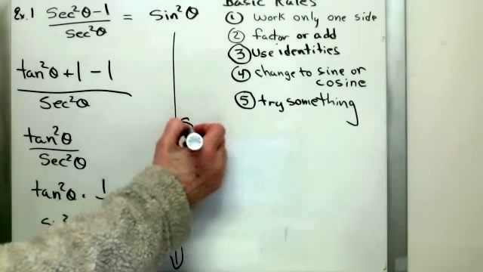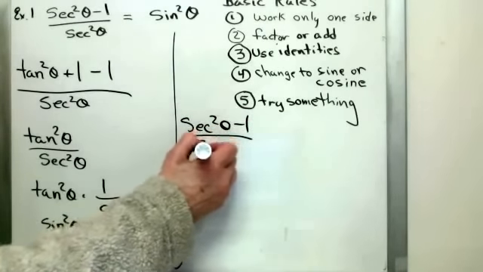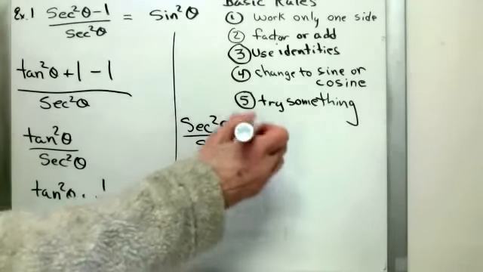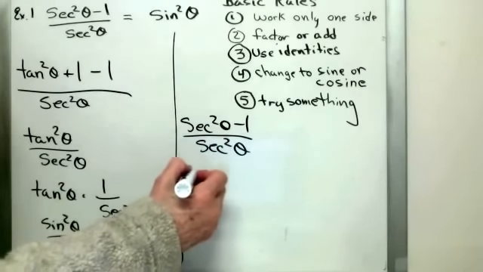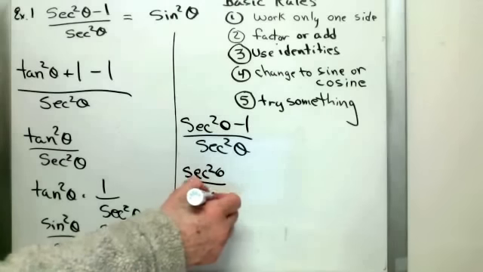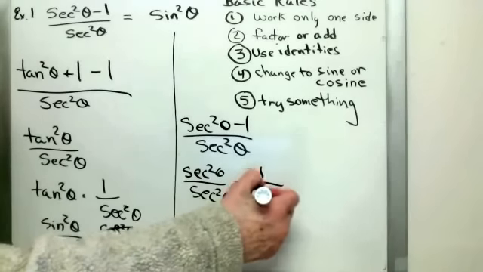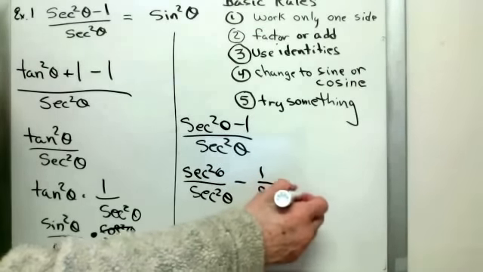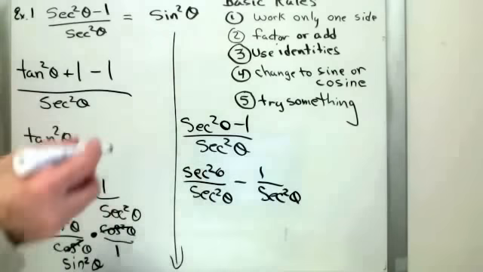So let's write it again. Secant squared theta minus 1 all over secant squared theta. Suppose I wanted to write this as two separate fractions. I could write it secant squared theta over secant squared theta minus 1 over secant squared theta. I took the top and broke it up and I wrote two separate fractions.